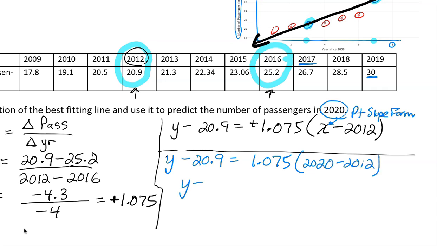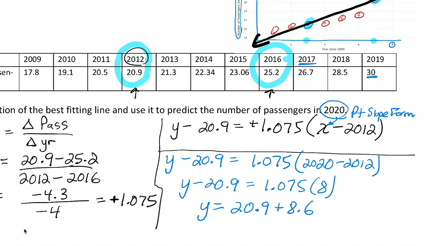So that would be y minus 20.9 equals 1.075 times 8. That would be 8.6. If we add 20.9 to both sides, plus 8.6, we would get y equals 29.5 million passengers predicted.